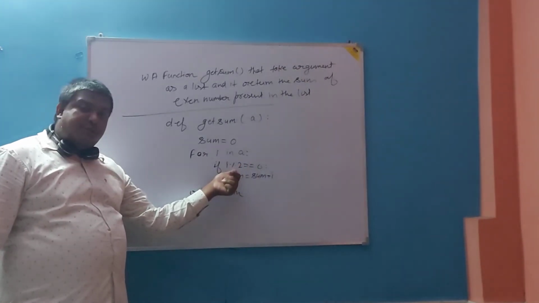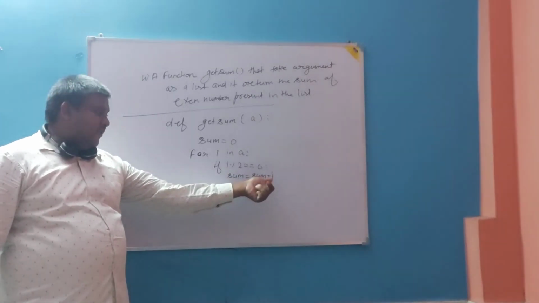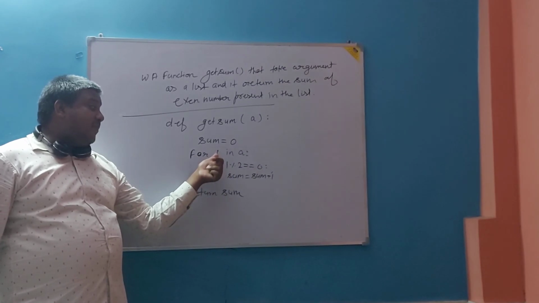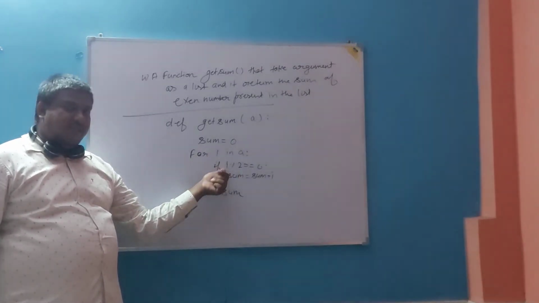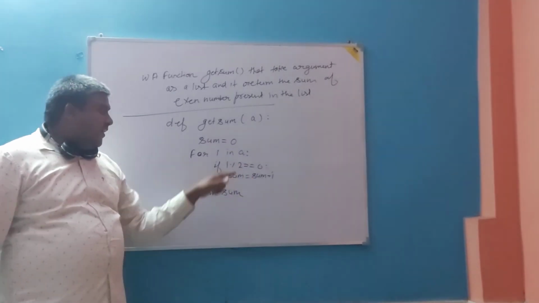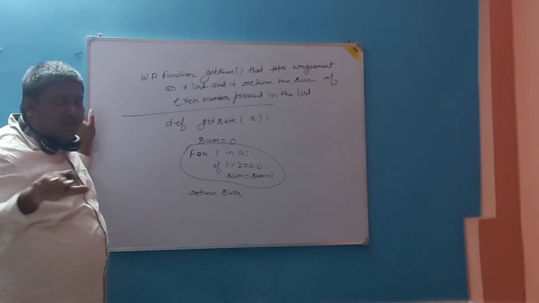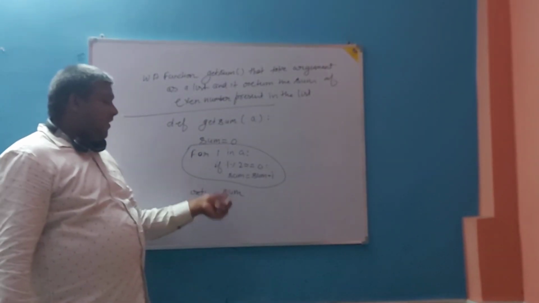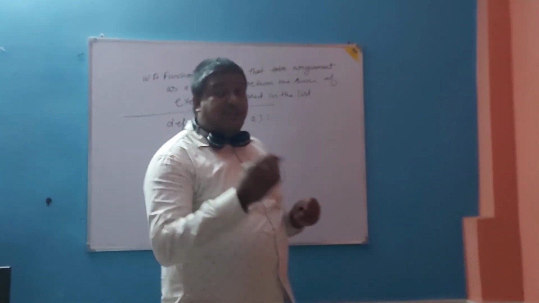If it is divisible, I have written the statement to get the sum, because the element we have to find is an even number, and the even number comes to the variable i, which I checked here. So sum is equal to sum plus i. This loop will find the sum of all even numbers present in the list, and from here we are returning. Clear?